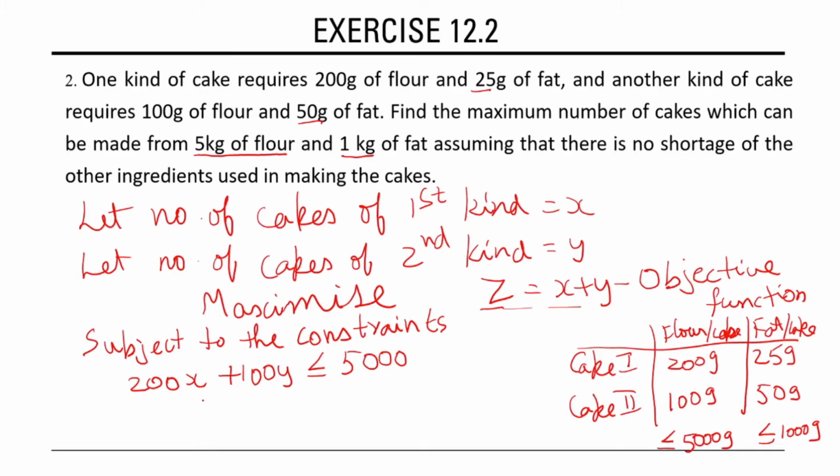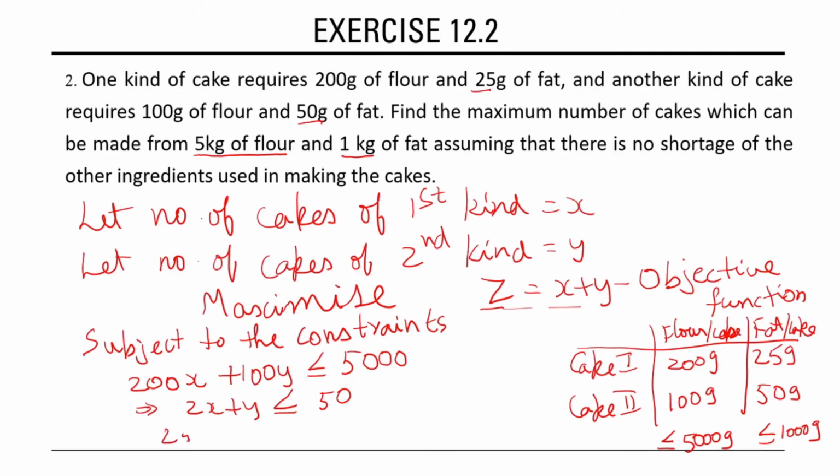So we can simplify this: 2x plus y less than or equal to 50. Then the next one is the constraint with respect to fat. So cake 1 requires 25 grams of fat and cake 2 requires 50 grams of fat.